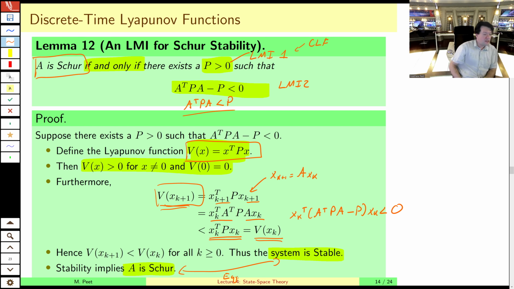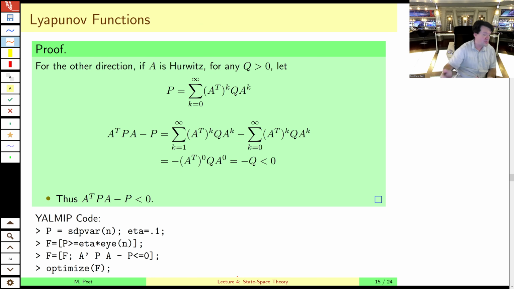Right. So that's a sufficient condition for stability in terms of an LMI. It's easy to show it's necessary by the same logic that we went over in the continuous time case. In this case, our Lyapunov function is the sum of all of the future time points.